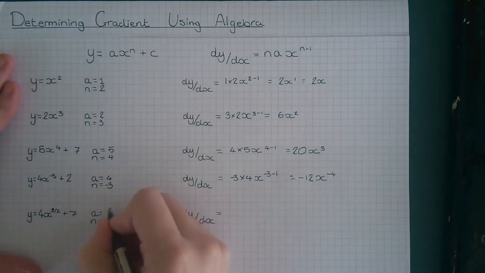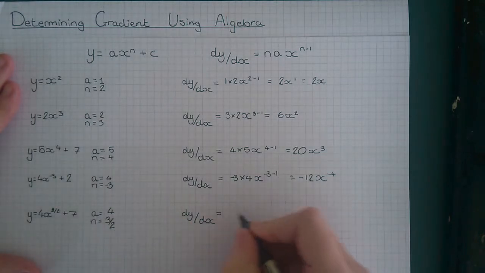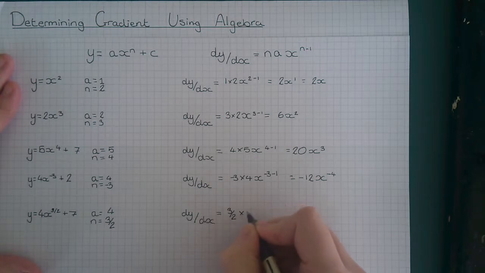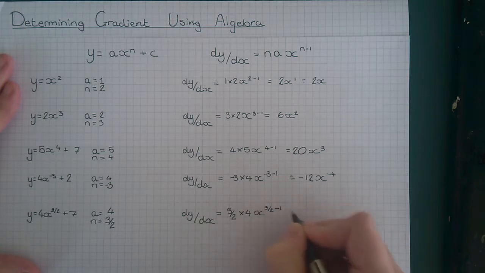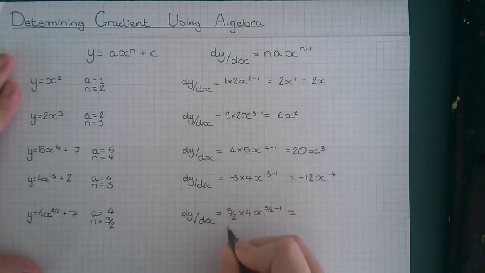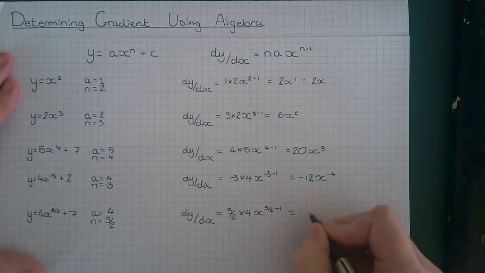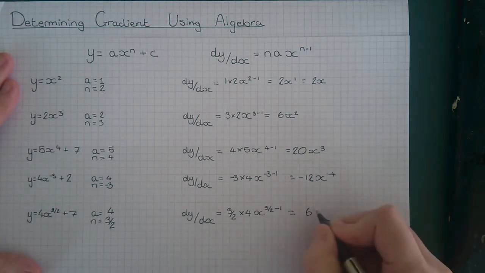A equals 4, n equals 3 over 2, so dy by dx equals 3 over 2 times 4x to the power of 3 over 2 minus 1. 3 over 2 by 4 is 6. 3 over 2 minus 1 is a half.